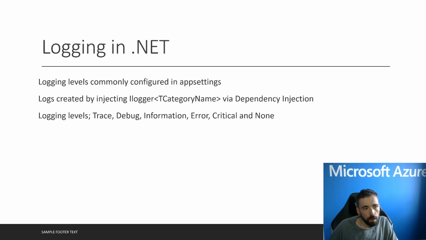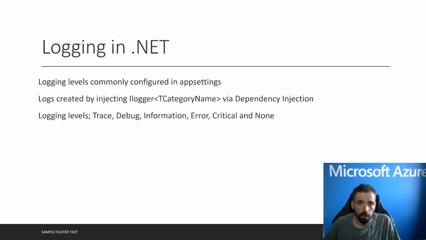So first of all, in terms of logging in .NET, this is just logging built-in capabilities. There are many logging providers, third-party logging providers available for use, but this is talking specifically now about the built-in capability. So the logging levels that can be configured for the components in an application, built-in or custom, can be configured in the appsettings.json.